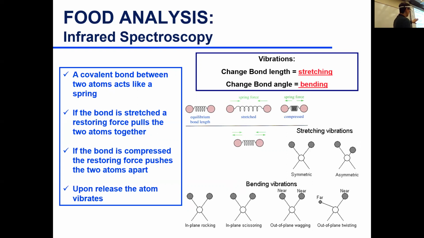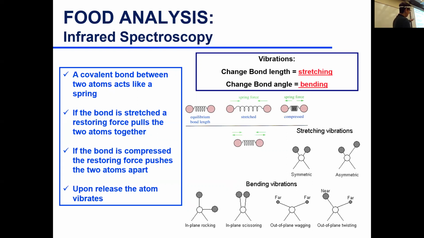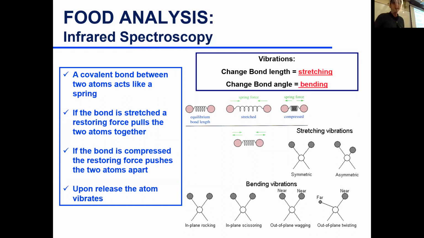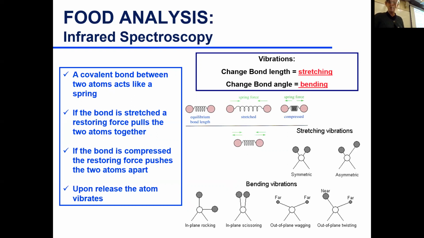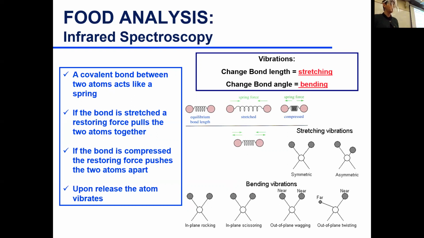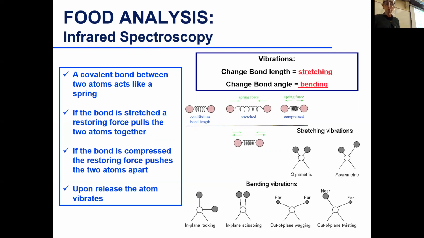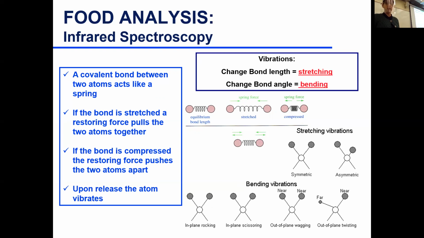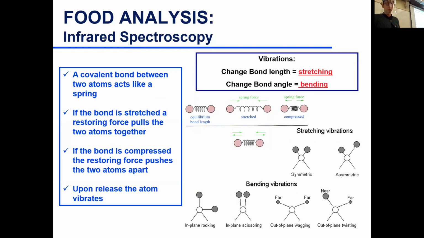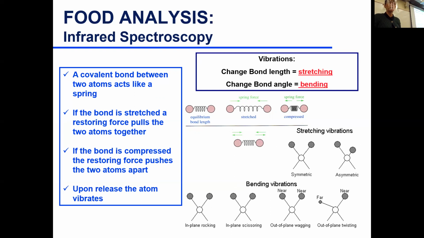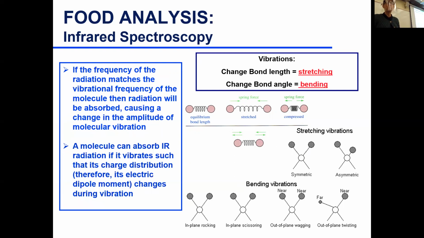Not much to worry about there, other than that vibrational energy is involved in bending and stretching of the bonds that makes them vibrate in the presence of IR radiation.